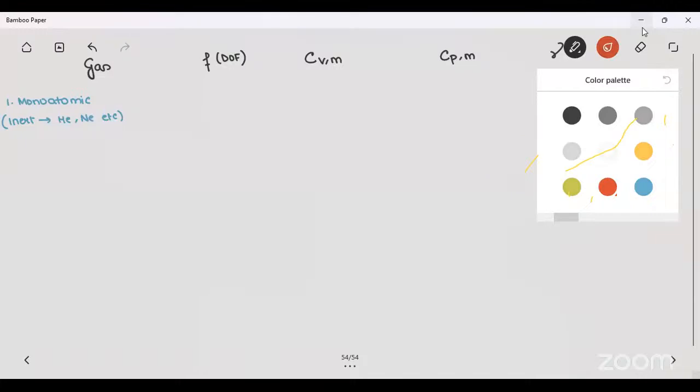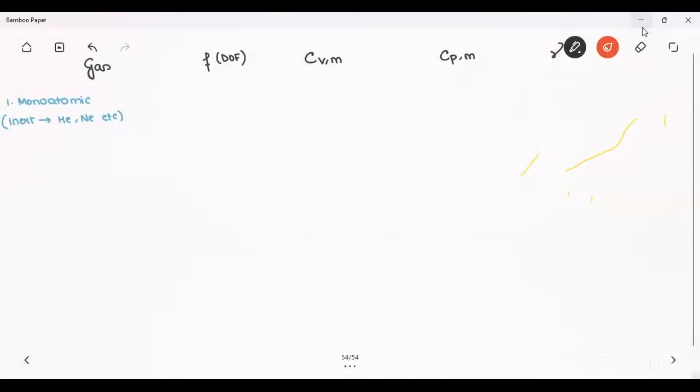Okay. So for monoatomic gas, imagine this is a monoatomic gas. Now, these are the three axes: this is the Z, this is the X, this is the Y. This is the extrapolation of negative X-axis, the negative Z-axis, and the negative Y-axis. If I leave the monoatomic gas here, how will it move?